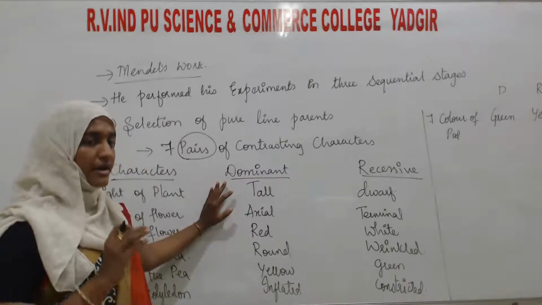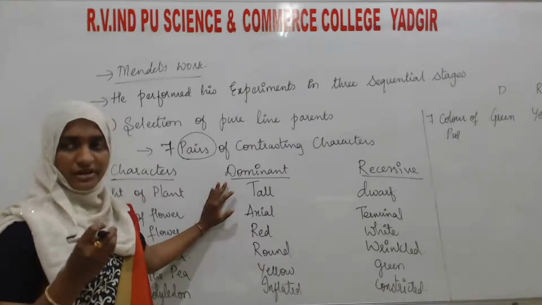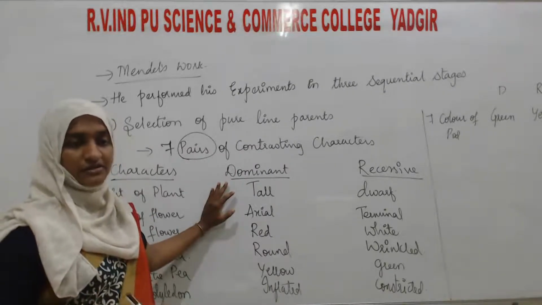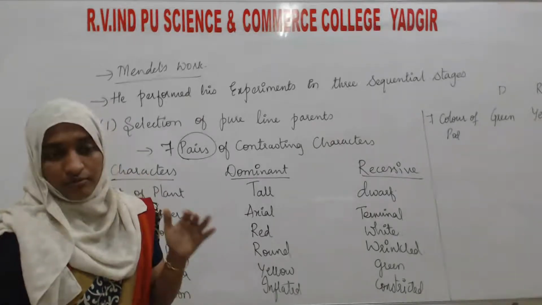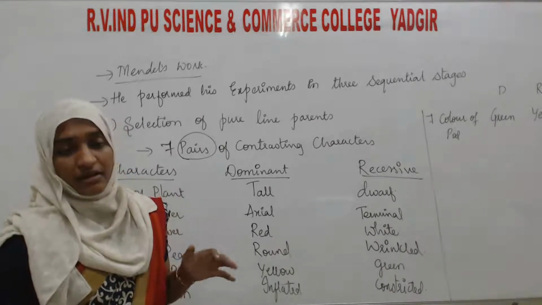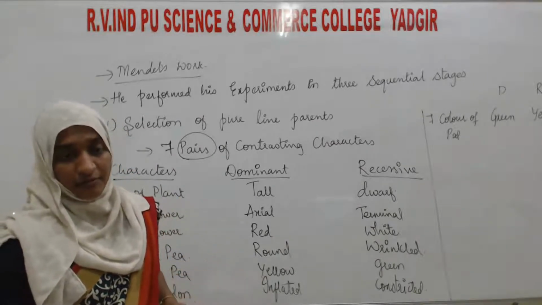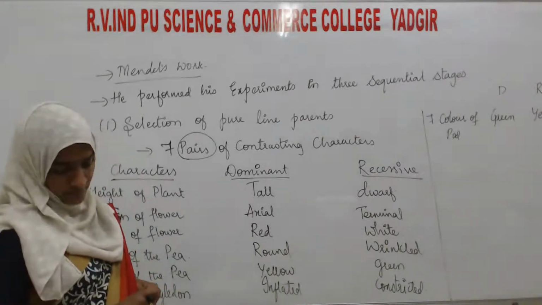Whatever is there in Mendel's laws of inheritance, whatever he is explaining in his experiments, there he had applied some mathematical analysis. So this is about the characters.